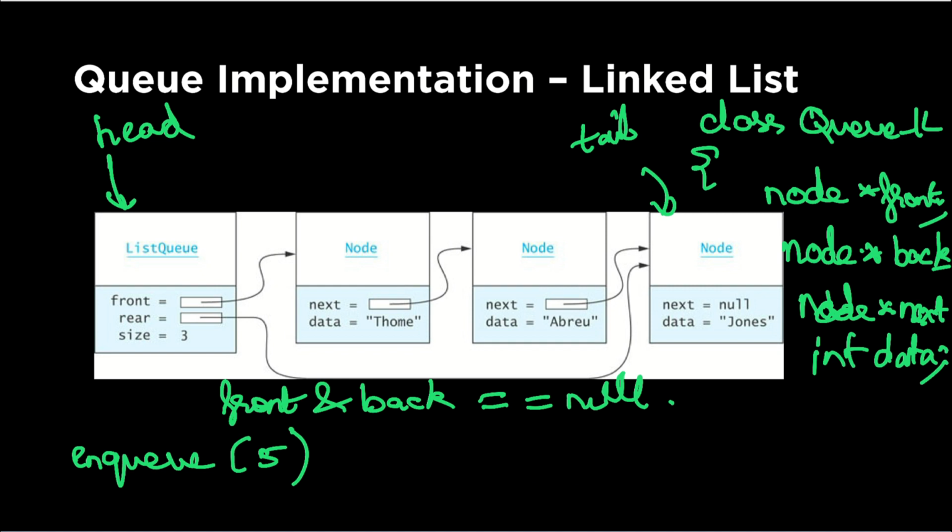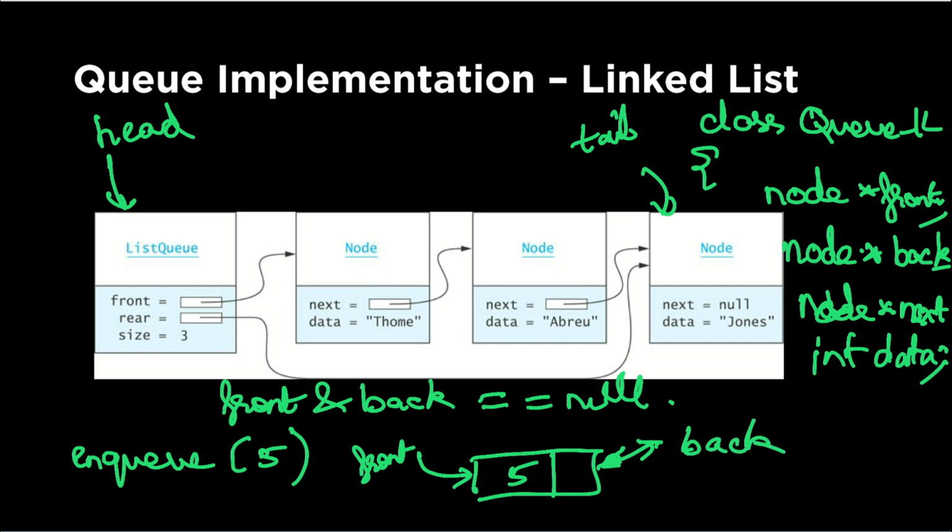How it's going to work is it will create a new node. Now the head, or the front, will start pointing to this new node. And since the back is also null, both front and back will now point to this new node.